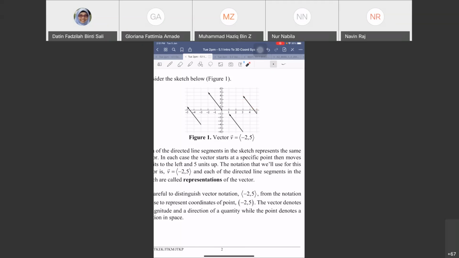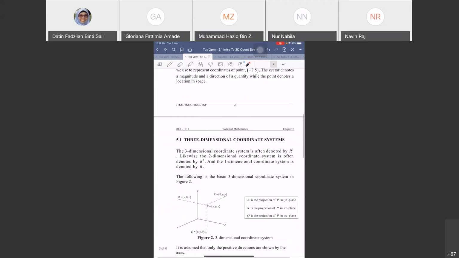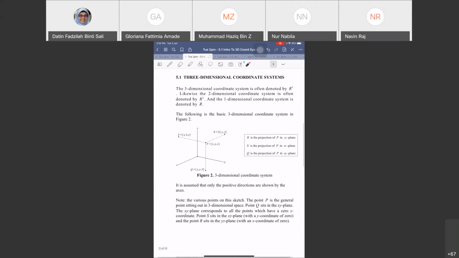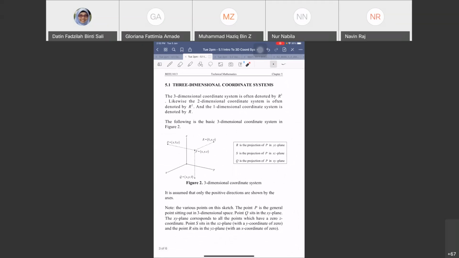In terms of the three-dimensional coordinate system, we introduced it when we did matrices, solving two equations with two unknowns and three equations with three unknowns.